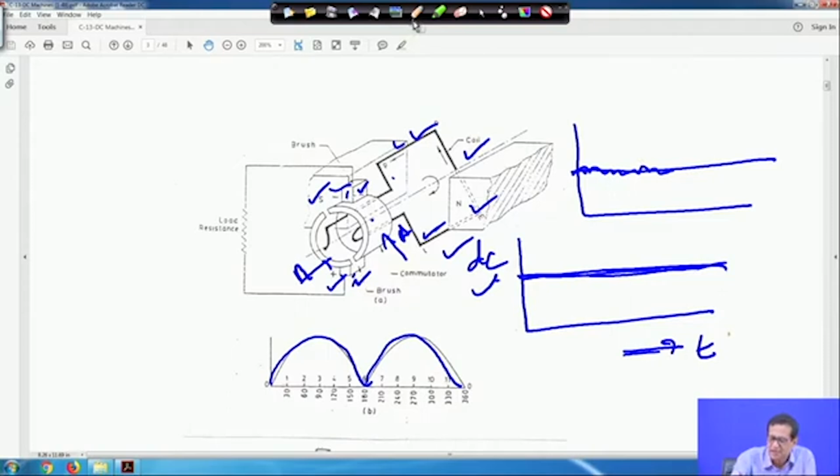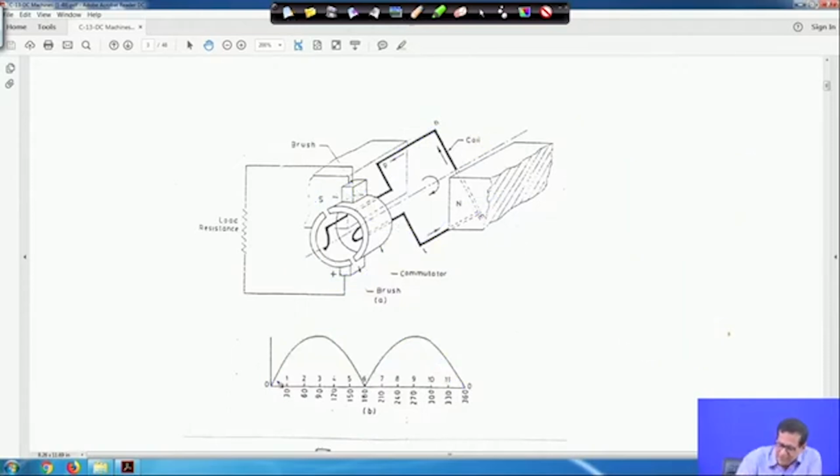Here it is only two segments, but you have more segments. So, all of it will be on the positive side, like this, very small. You cannot make it out just by looking, because it is DC, but it is not exactly a straight line, because so many segments and so many half cycles are there.